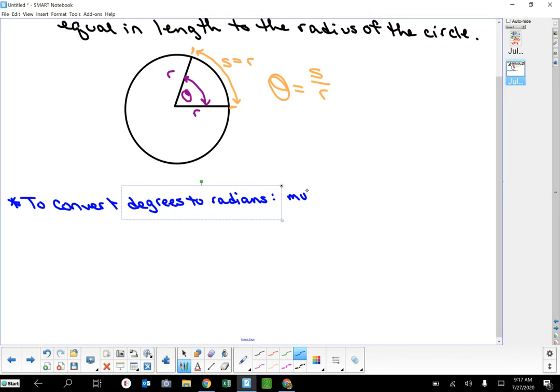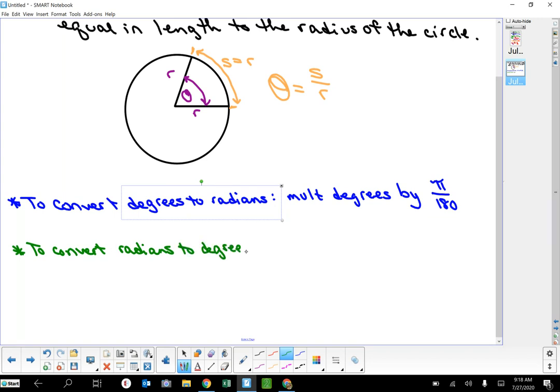You're going to multiply the degrees by pi over 180. And then you have to simplify. Make sure that you simplify. And then to convert radians to degrees, you're going to multiply the radians by 180 over pi. Okay, so these are hugely important.